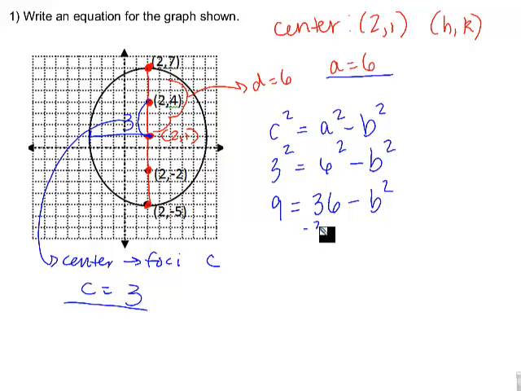We can subtract the 36. So what's 9 minus 36? Yep, negative 27 is equal to negative b squared. Before we square root it, what should we do with the 2 negatives? Yeah, divide by -1 so it makes them both positive. So then our b squared is 27.